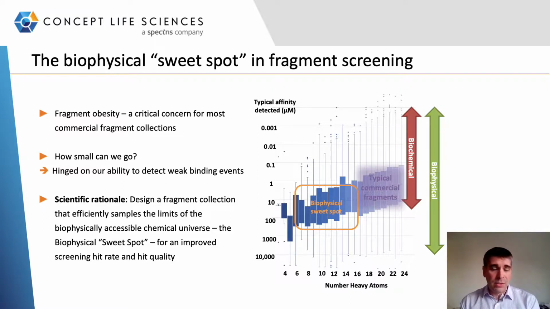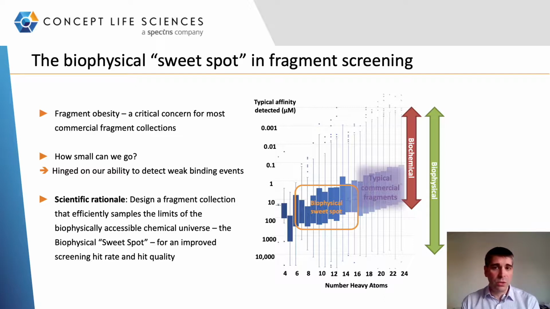And interestingly, at the same time as fragment-based drug design has emerged as a strategy for drug discovery, so did a range of biophysical technologies. And these biophysical technologies allow for the detection of very, very weak binding events, such as high as 10 millimolar.